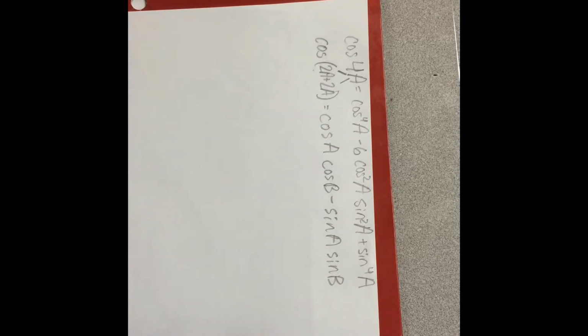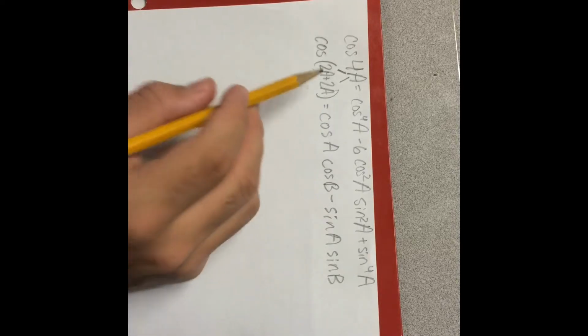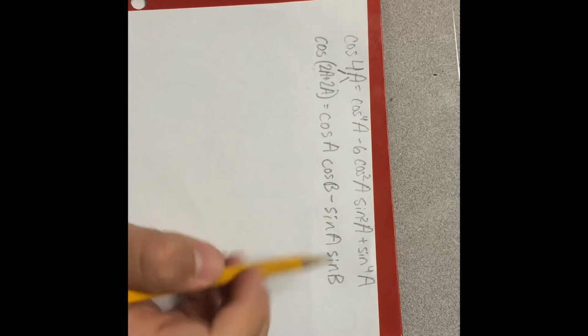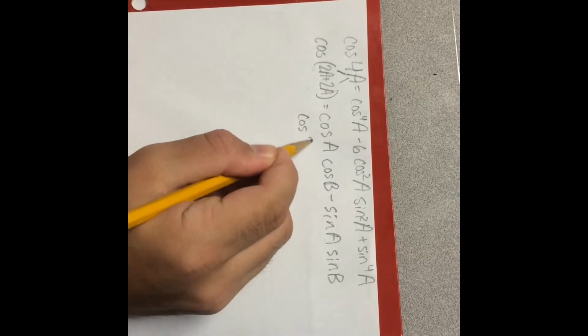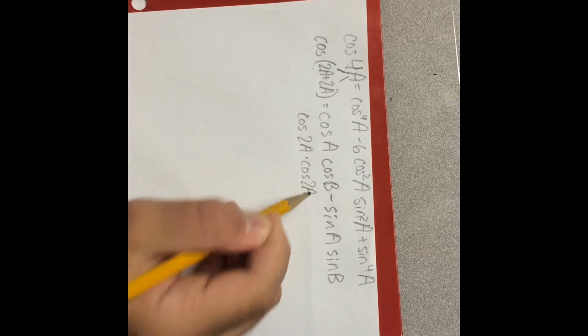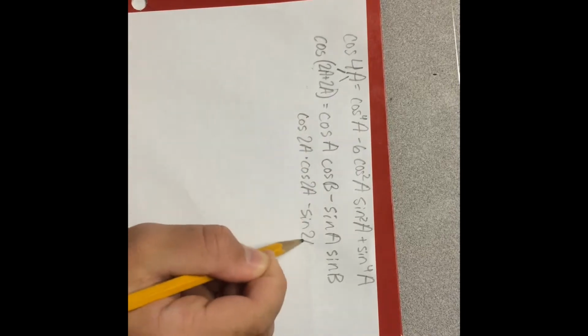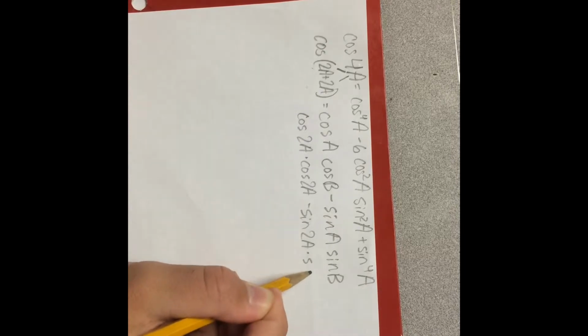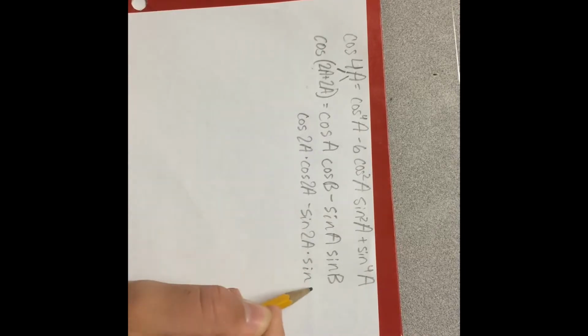And from here, we're just going to plug in our 2 A's into the A's and B's. So we have our cosine 2a times cosine 2a minus sine 2a times sine 2a.